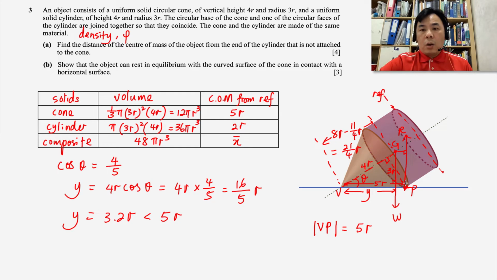All right. Now I hope that is clear at this point. You can see that for the last section, there's a lot of considerations on the geometry and trigonometry. So do pay attention to your trigonometry ratio, and then observe the geometry of the solid itself.